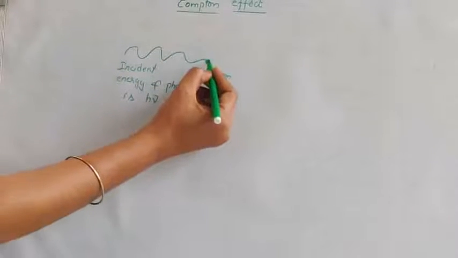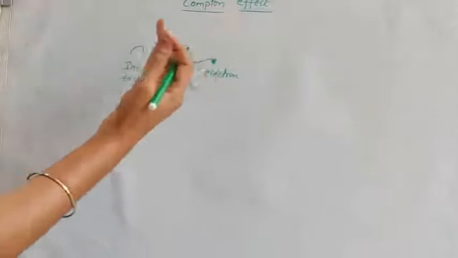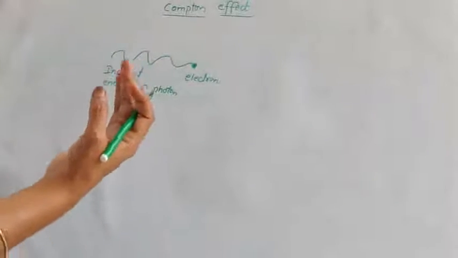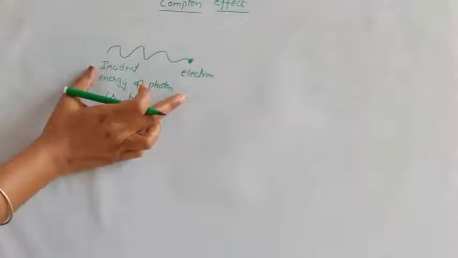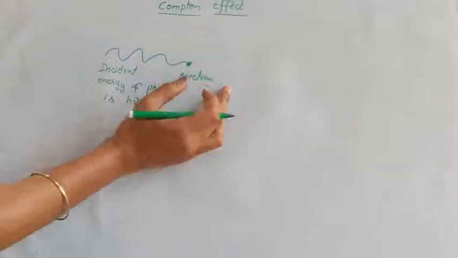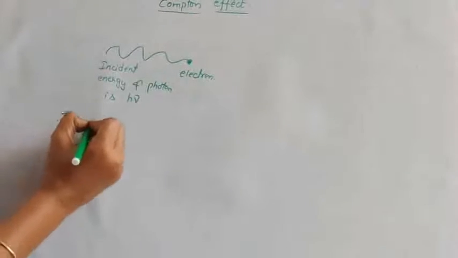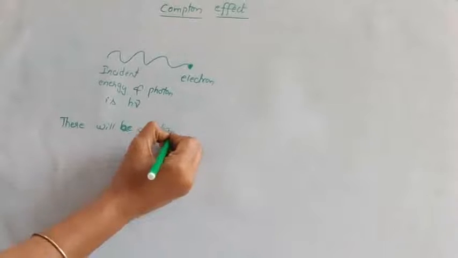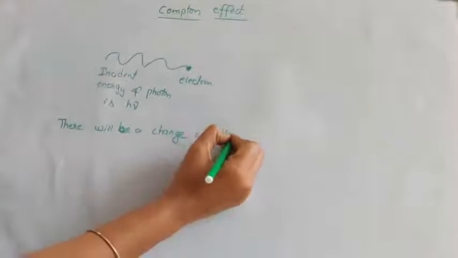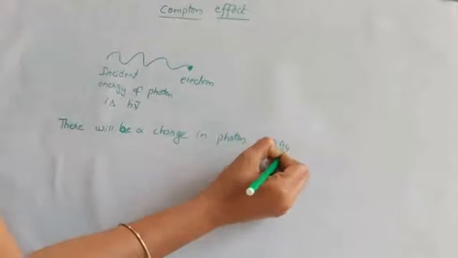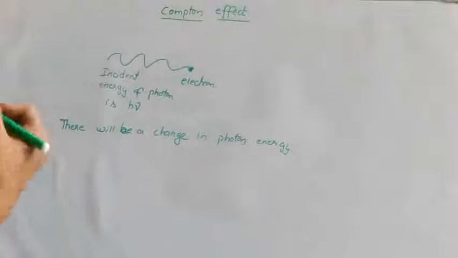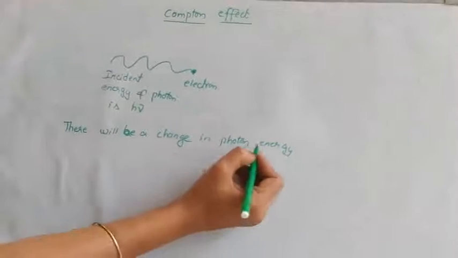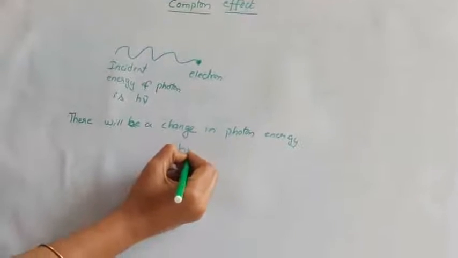Because both the photon and the electron scatter at certain angles. That changed photon energy is represented with h nu dash.